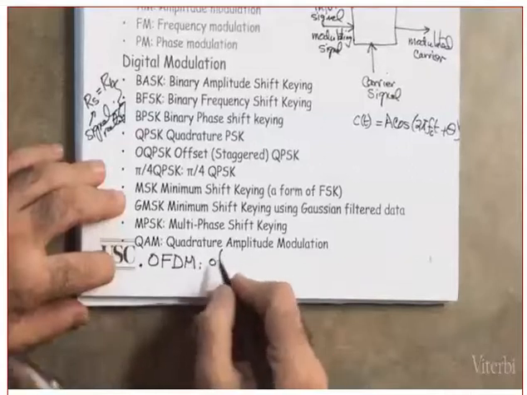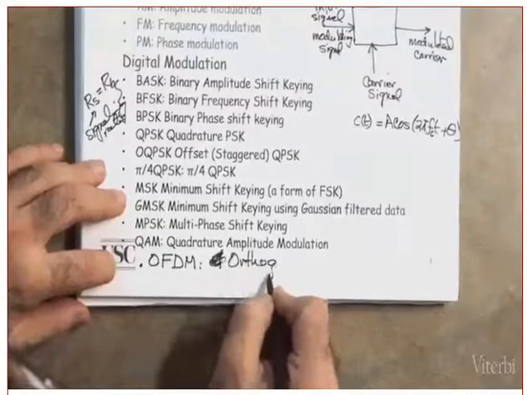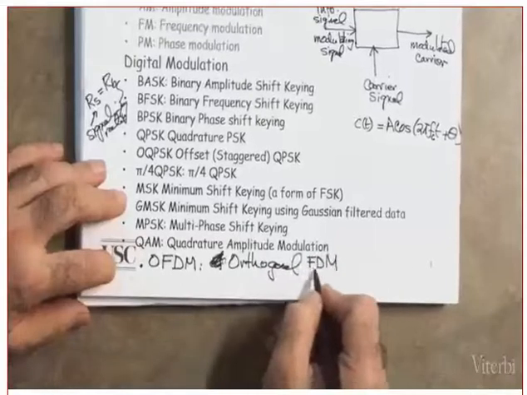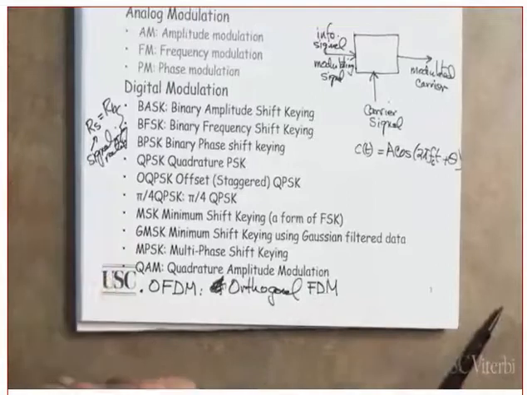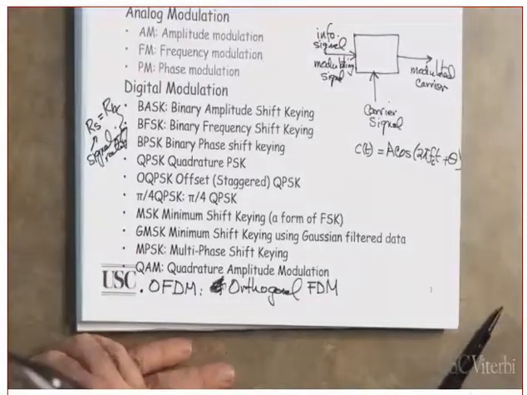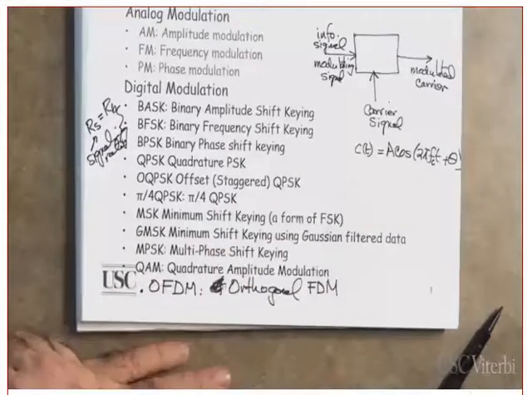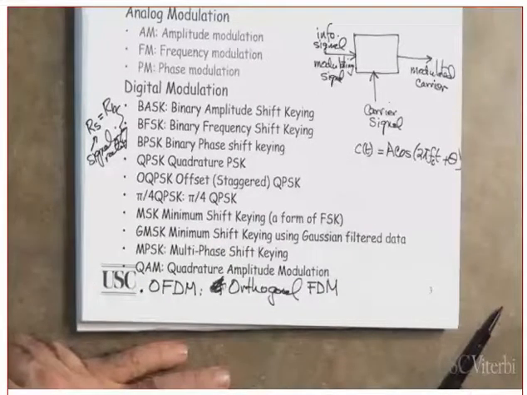OFDM stands for orthogonal frequency division multiplexing. FDM stands for frequency division multiplexing. Clear? This is the technique that is used in the newer generation of our cellular systems and wireless local area networks, and so on.